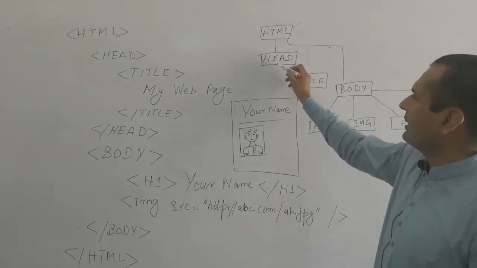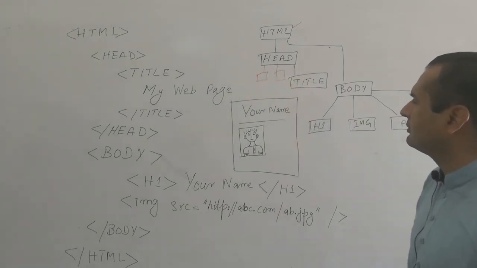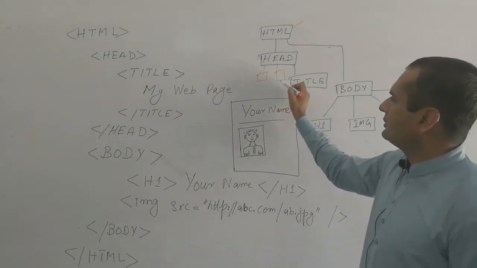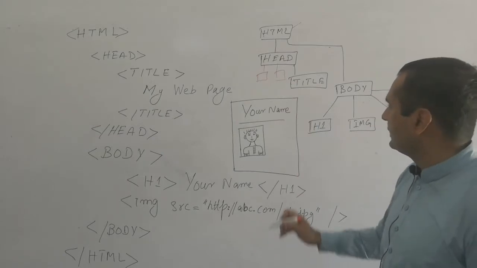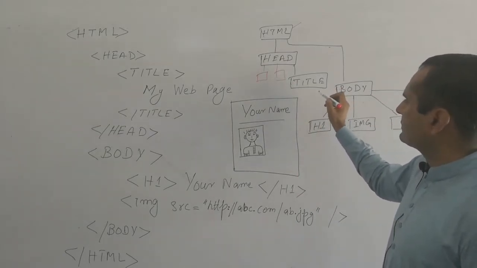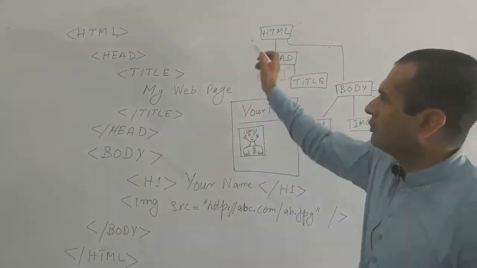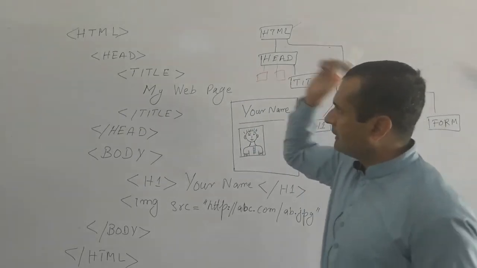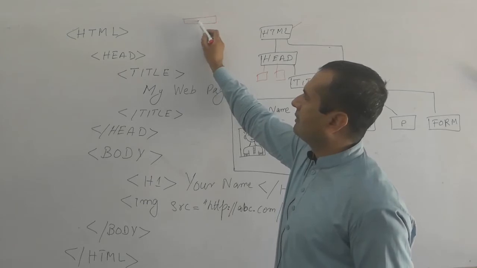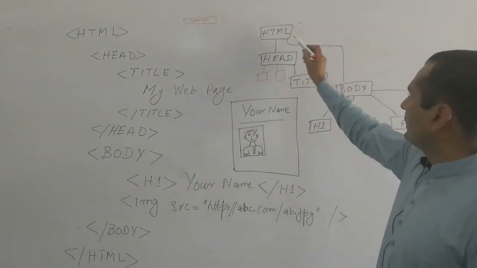Head also contains many things, but we are not talking about them right now because they are out of scope. Title contains the actual text that will be represented on your title bar when you browse any web page, and in the tab you see something that is related to the title.